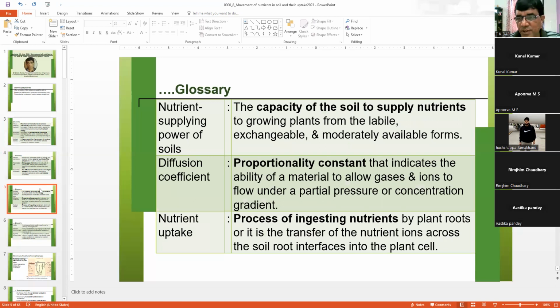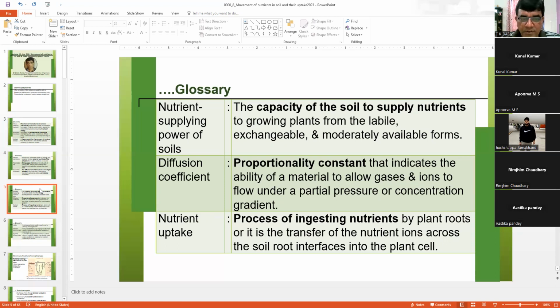Nutrient supplying power of soil: the capacity of the soil to supply nutrients to growing plants from the labile, exchangeable, and moderately available forms. Diffusion coefficient: this is a proportionality constant that indicates the ability of a material to allow gases and ions to flow under a partial pressure or concentration gradient.